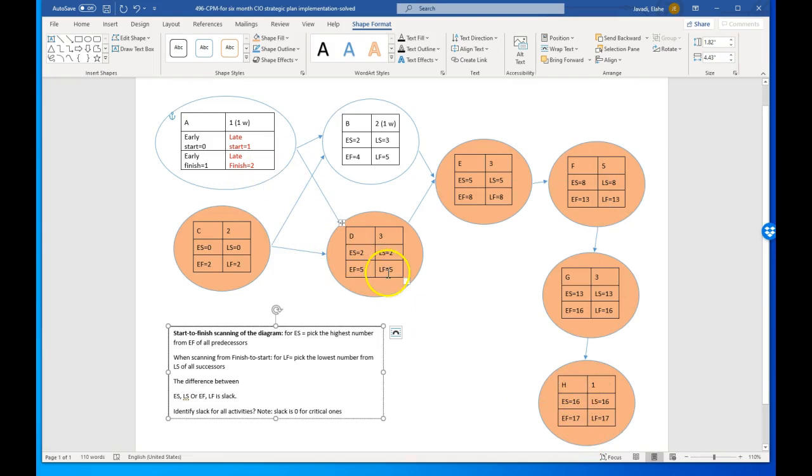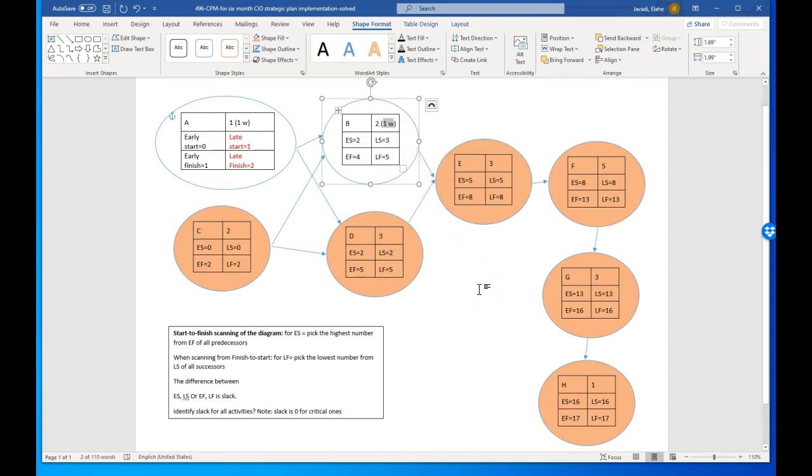We came up with 2 other numbers, late start and late finish, and then we highlighted the critical path by looking at the numbers and where we got them, and then we calculated slack. That would be the difference between early finish and late finish, these 2 numbers, or these 2 numbers, early start and late start. So for the 2 sets, the difference is the same number, and that is your slack.